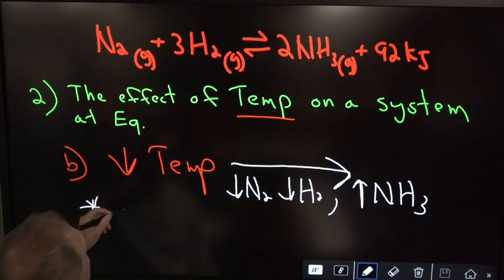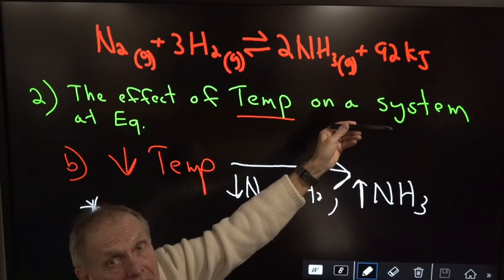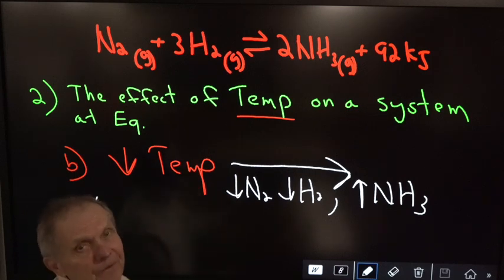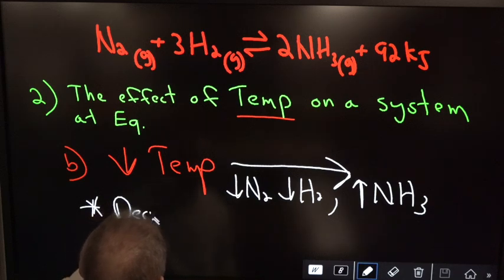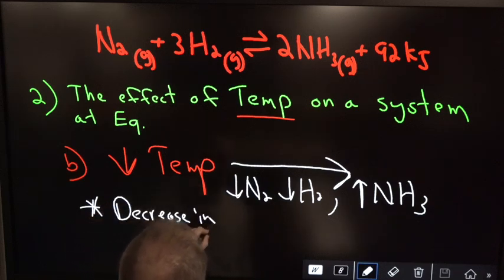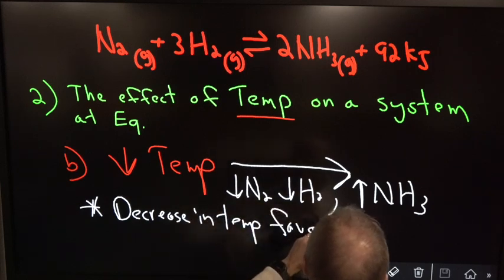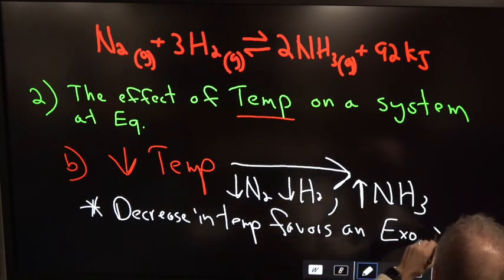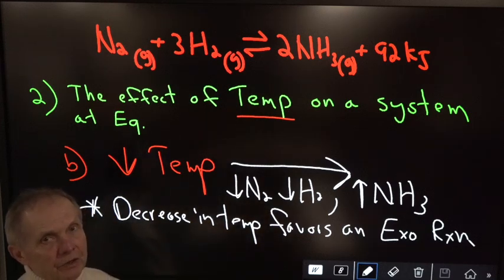And if there's a decrease in temperature, look, if it's going this way and the energy's with the products, that means it's going to favor an exothermic reaction. So a decrease in temp favors an exo reaction. Decrease in temperature favors an exothermic reaction.